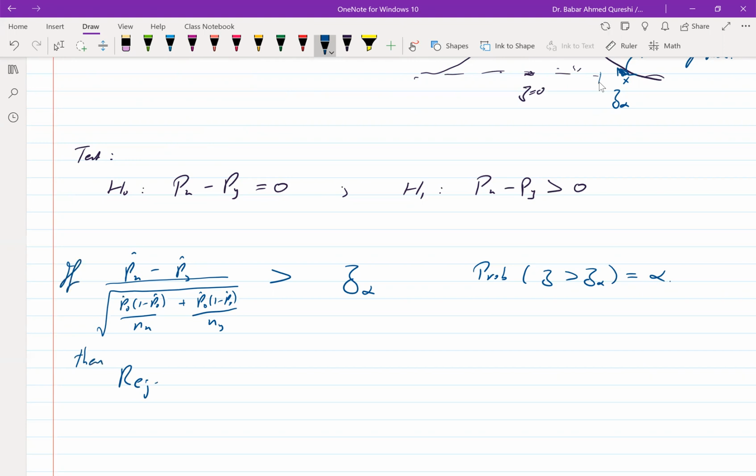If this is true, then reject h naught with a significance alpha.